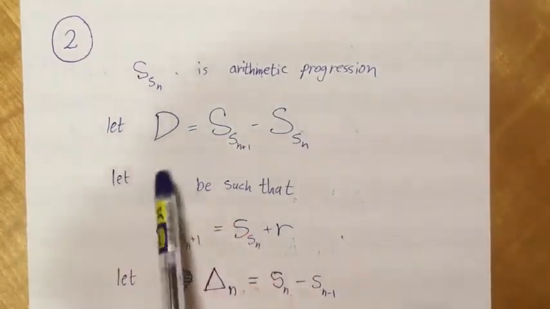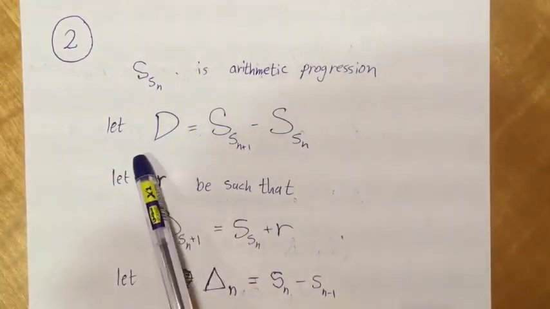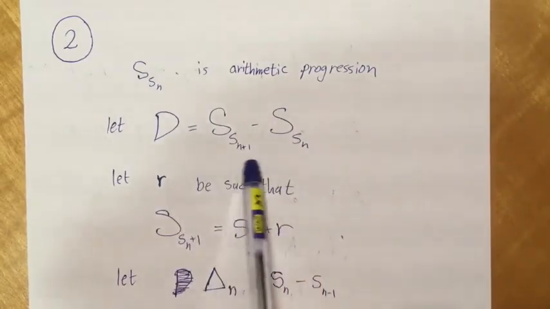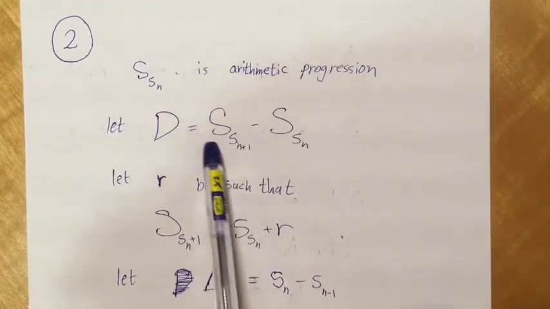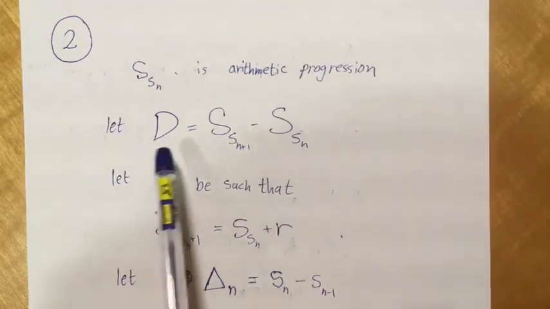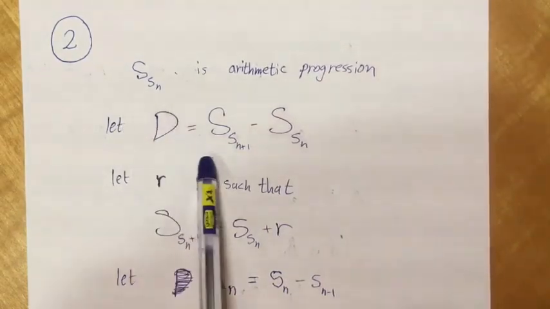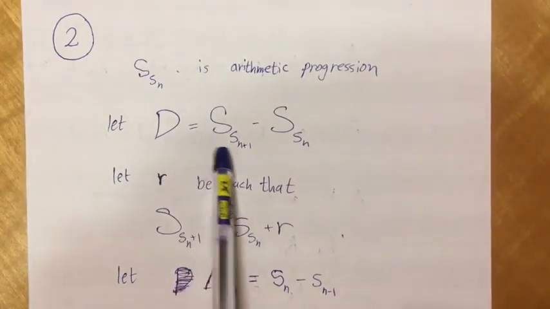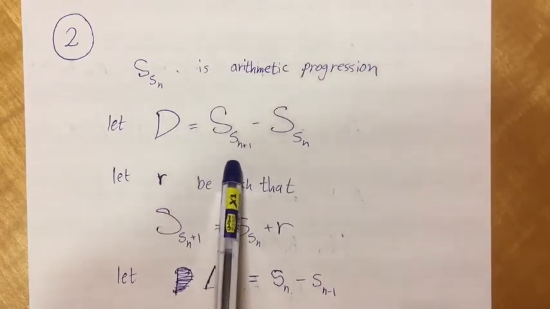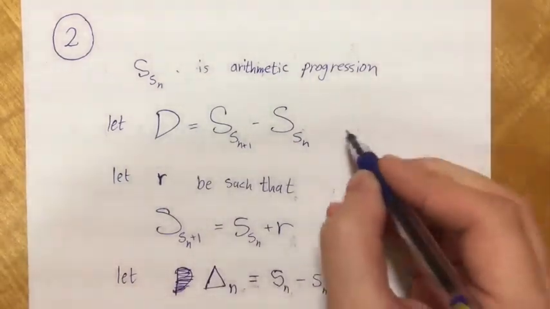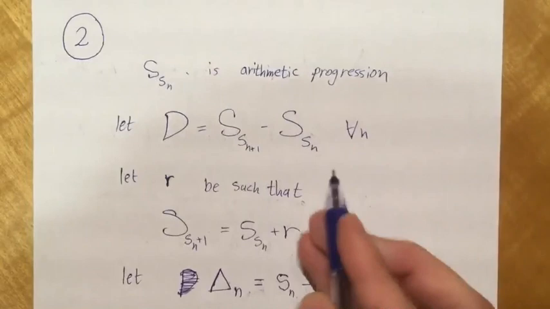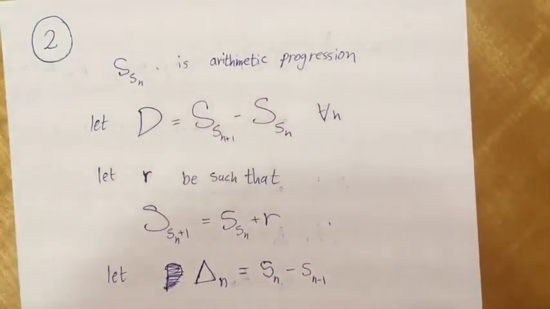So first, let D be the common term in the main arithmetic progression. Now, S_n is an arithmetic progression, so there's a constant, so let's just name it capital D, to be the generic difference, S_{n+1} minus S_n. And this is true for all n, so if n changes, D is the same.